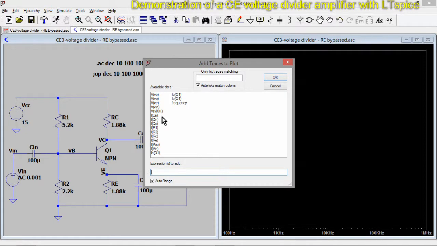I will plot, for the output, I can take IC. Where is IC? IC out, ICO I can use. It's on the output branch, that's fine. ICO over IC in.